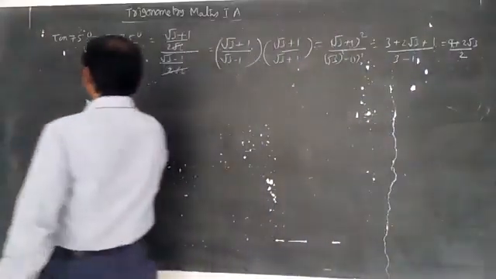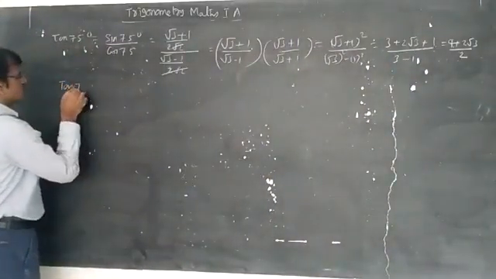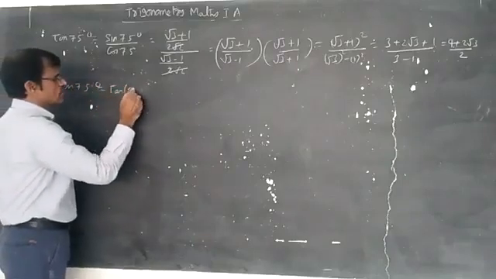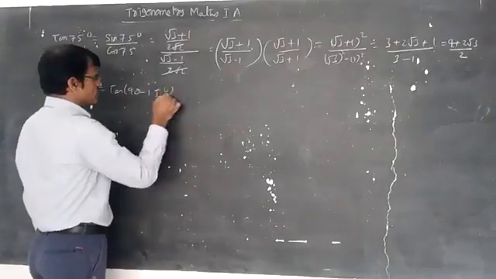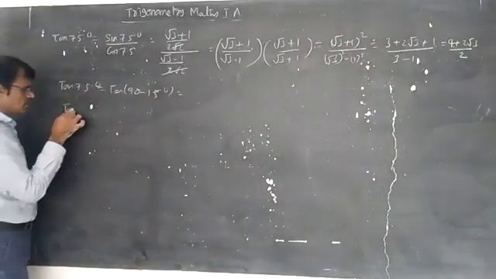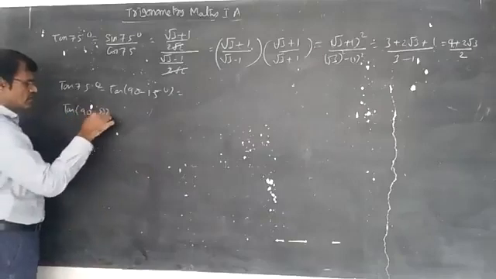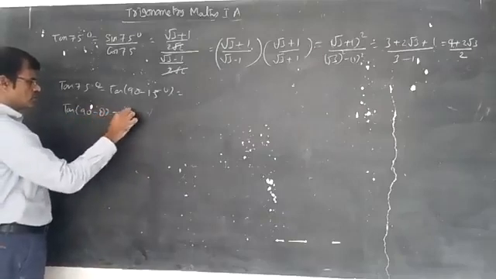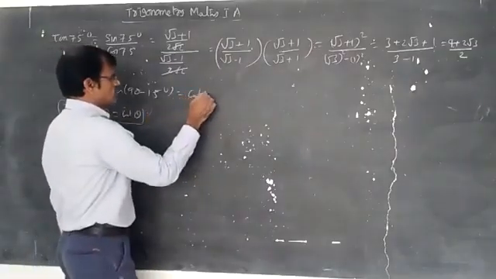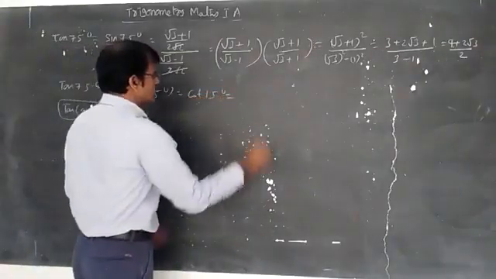Taking 2 common, (2 plus root 3) by 2, the 2 gets cancelled. So it is 2 plus root 3. You can also write tan 75 as tan of (90 minus 15). Tan of (90 minus theta) is equal to cot theta. So tan of (90 minus 15) is cot 15.